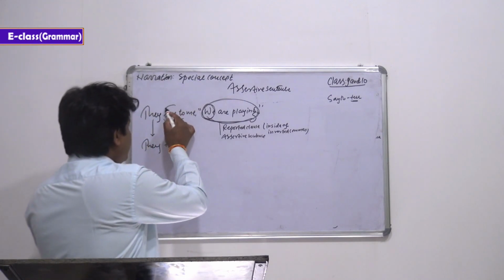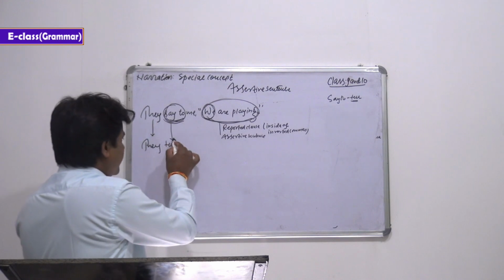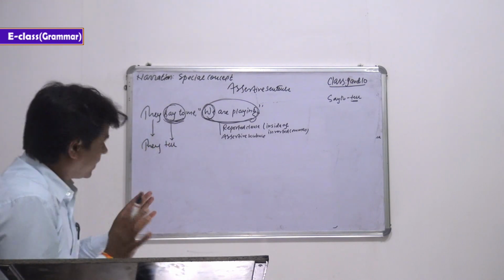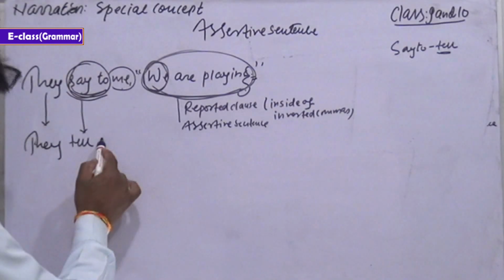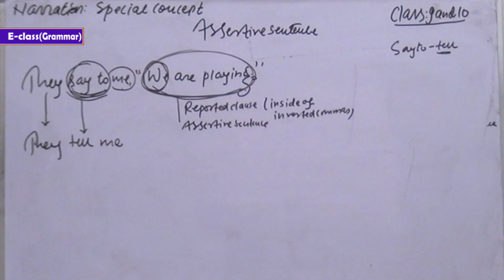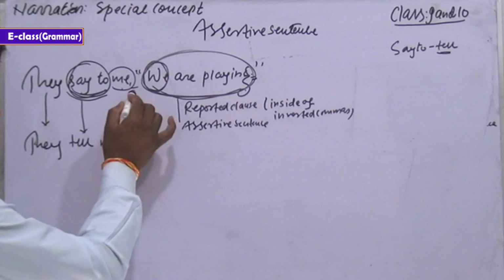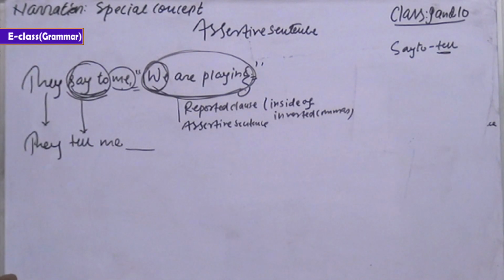That's why I am telling you, say to is changed into tell. Okay. Now, what's the listener here? Me remains the same. See this example. Now, what conjunction will you use over here? That.